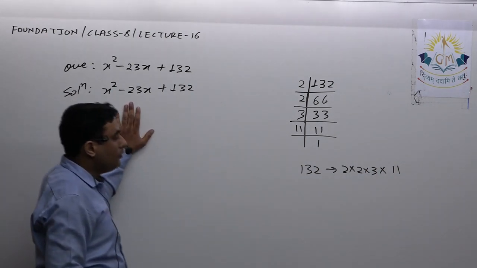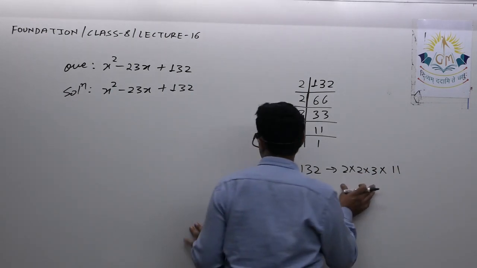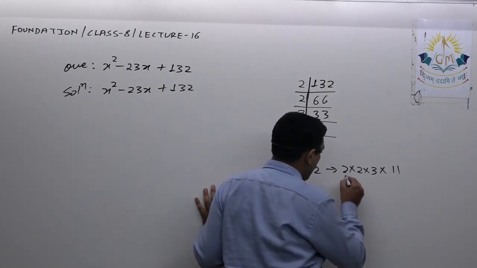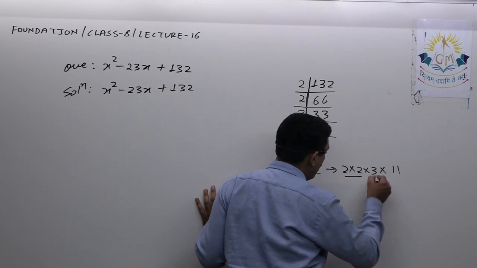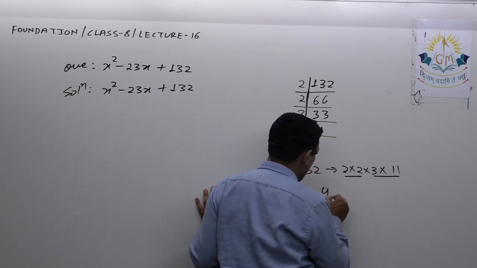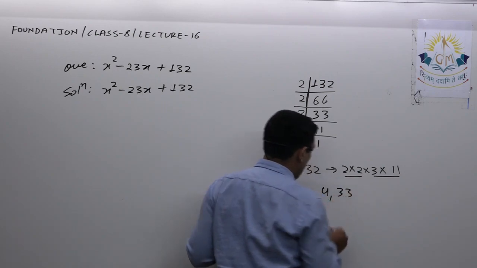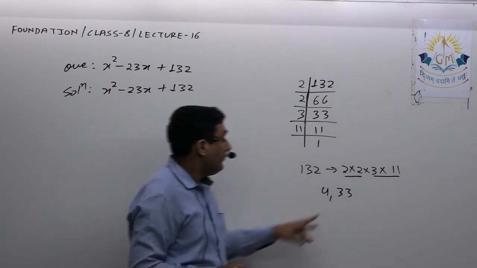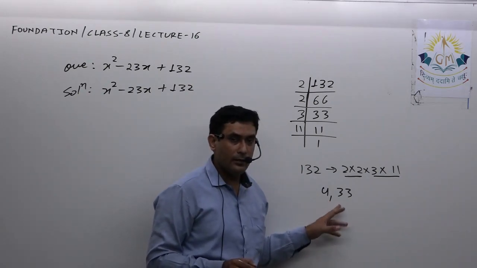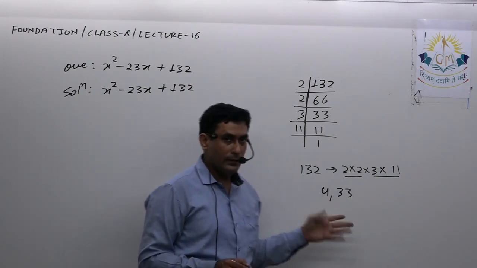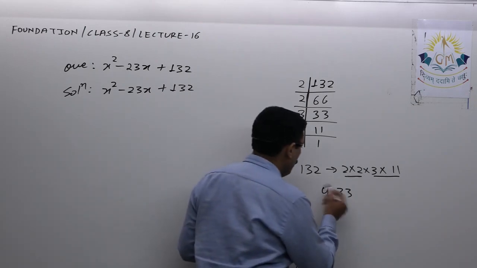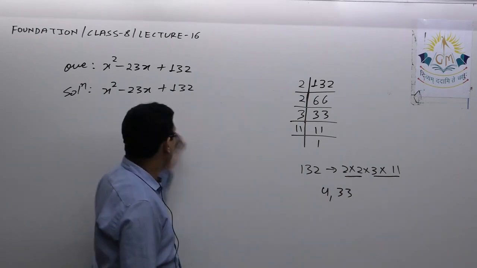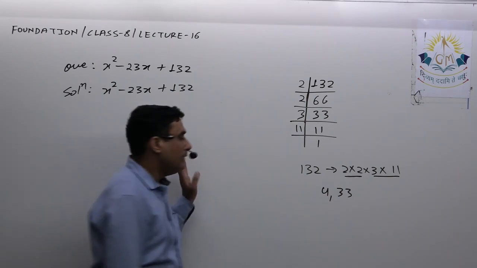Now you have to find the correct combination to get minus 23. If these two are together and these two are together, here it is 4 and 33. Now 4 plus 33 is 37, but here it is 23. 4 minus 33 is 29 in magnitude, negative or positive depending on whether I do 4 minus 33 or 33 minus 4, but in both cases we are not going to get 23.